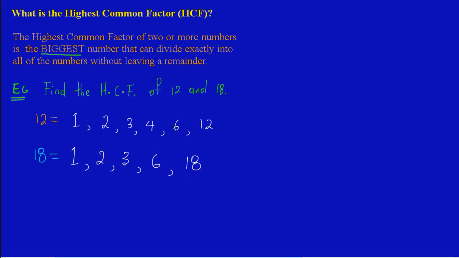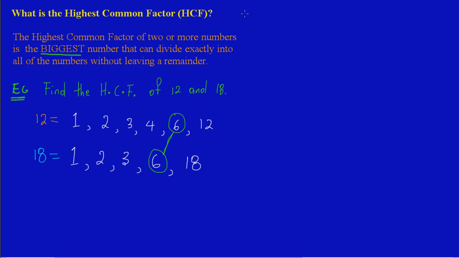So the biggest number that can go into 12 and 18 without leaving a remainder is the largest number that appears in both sets of factors. So I would circle 6 and 6, because this 6 appears twice, at top and bottom, and it's the biggest number. And it's that easy.